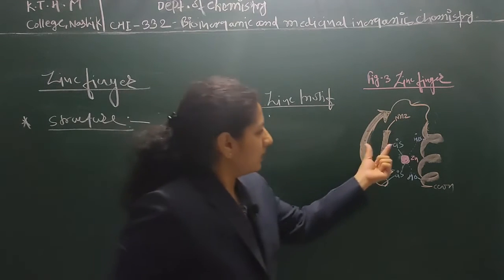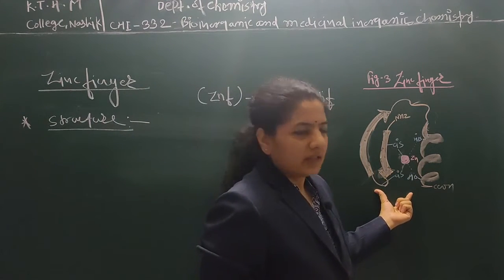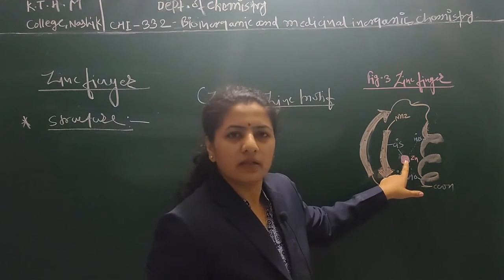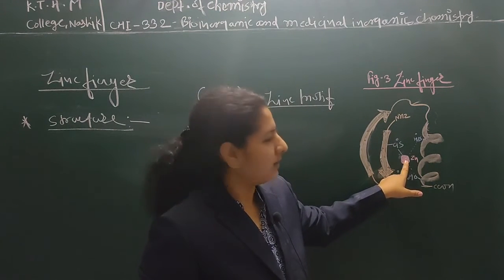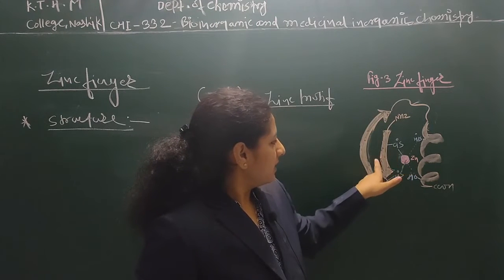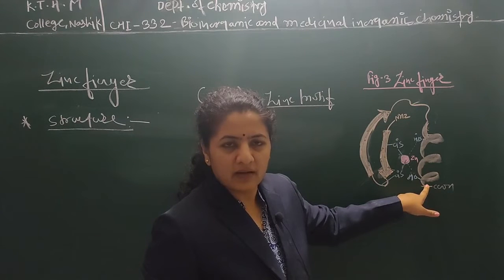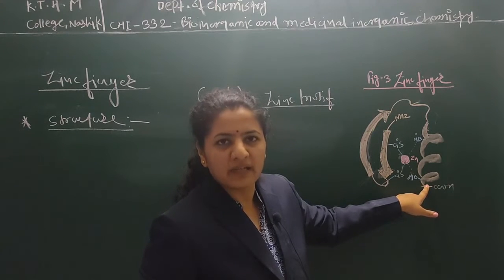Now this is the structure of zinc finger. Here zinc is coordinated at the active site. This is an alpha helix and beta sheet structure, with an antiparallel alpha helix and antiparallel beta sheet.